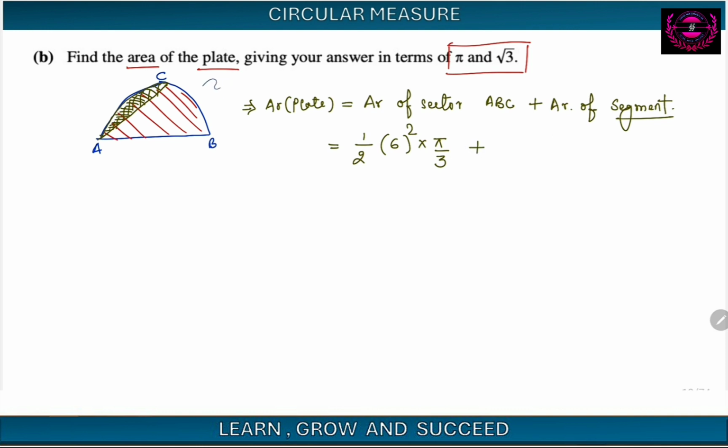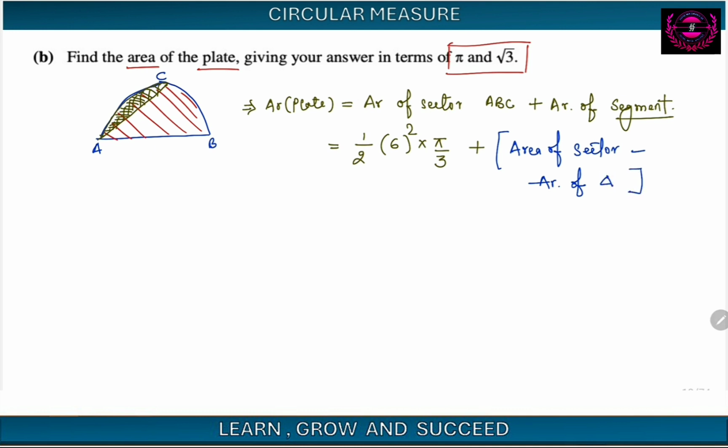And area of the segment. Area of segment is area of sector minus, you can take any of the sectors, area of both the sector ABC and BCA, whatever you say, both are same. So area of the sector minus area of triangle.